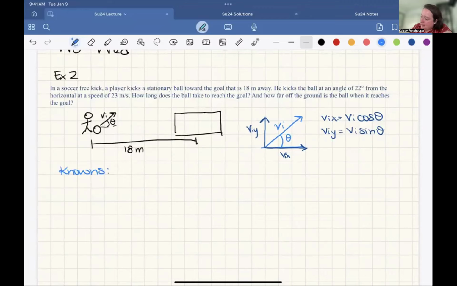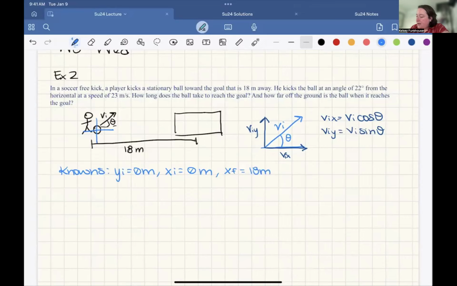So let's see. One thing we can say is this is where our origin is, so our initial y is 0 and our initial x is also 0. We also know what our final x is because they told us that the goal is 18 meters away.